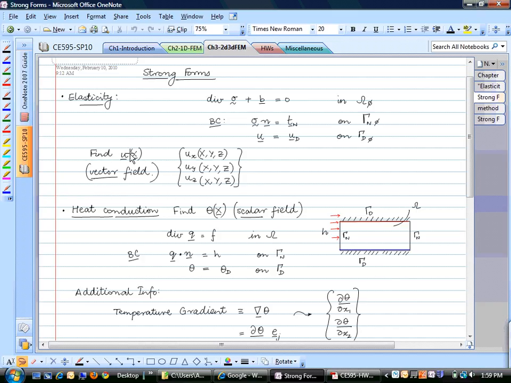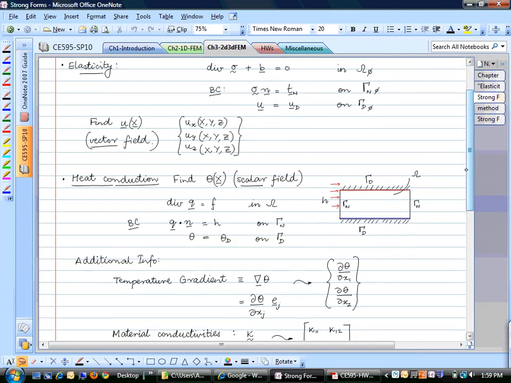So essentially in this problem, we are trying to solve a vector field over the entire domain of our problem. So let's first try to understand how this machinery works for a scalar field problem, and then we'll go back to this elasticity vector field problem.